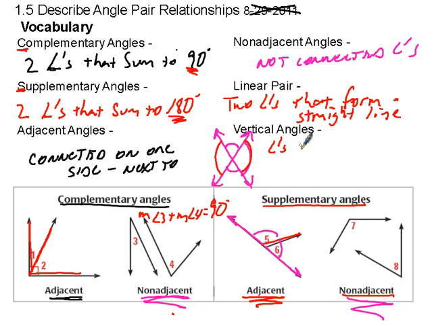Angles opposite to each other. This only occurs when you have two lines intersecting each other. So the vertical angles, the angles are opposite each other, and they will be congruent.